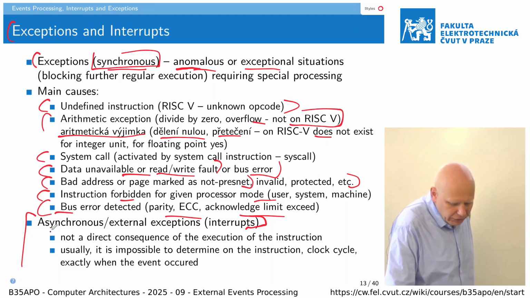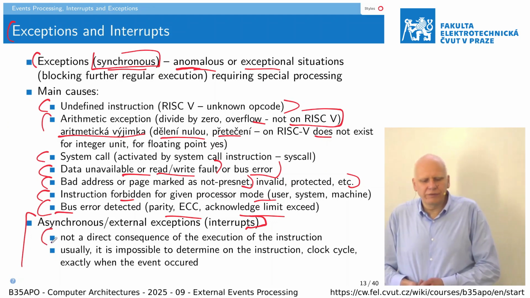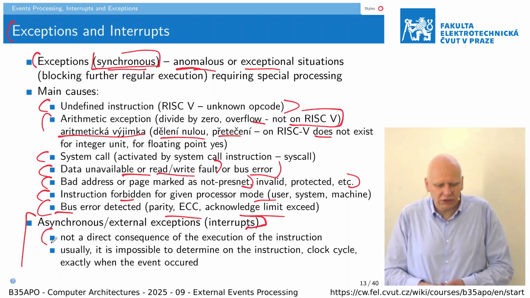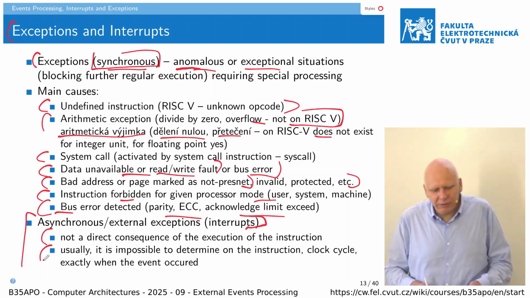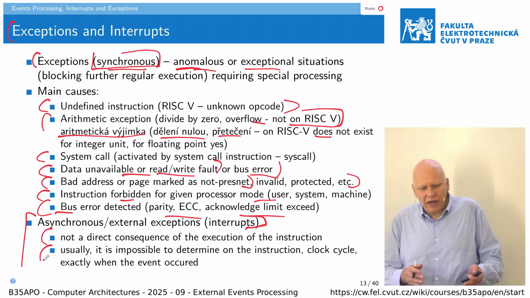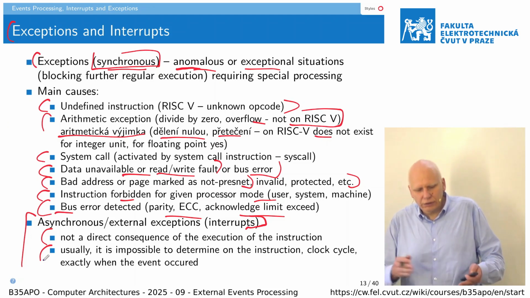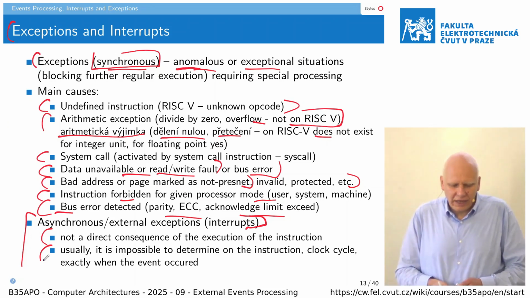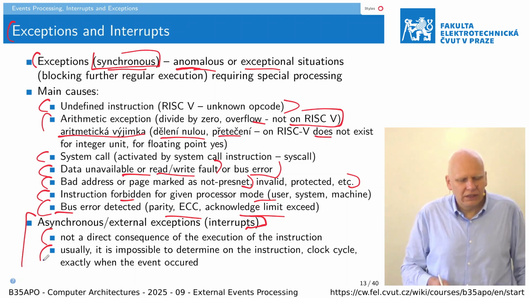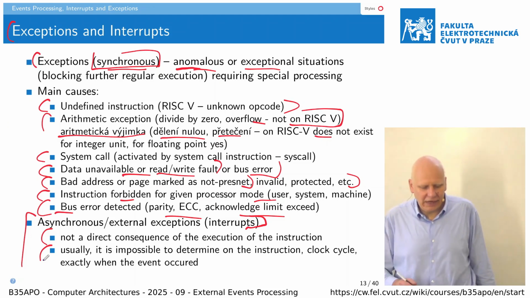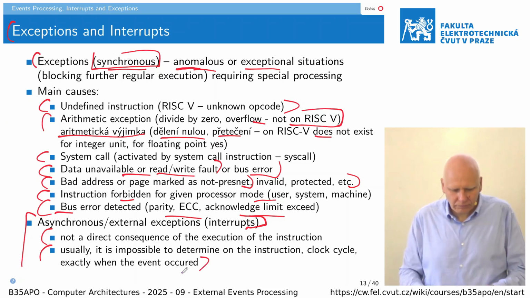And those are not a direct consequence of execution of an instruction. Usually it is impossible to align those events to an exact instruction, and they can occur somewhere in the sequence as they arrive.